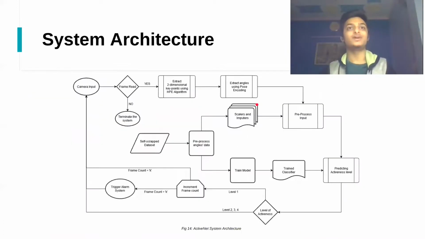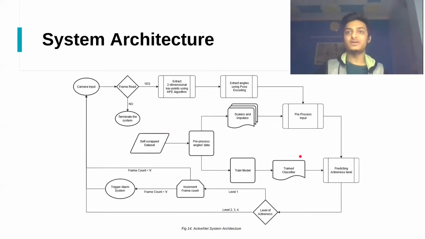Let us take a look at the overall system architecture. So we take a camera input. If the frame is read, we extract the key points using a human pose estimation algorithm. We extract the angular representation, basically using the pose encoding module, and then we pre-process the input using scalers and imputers, which we get from the self-scraped dataset.